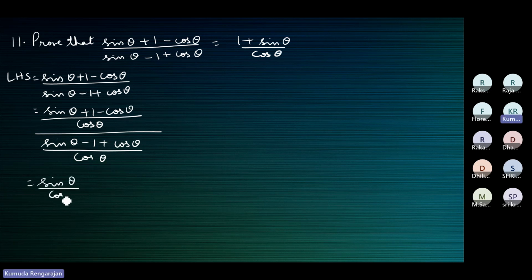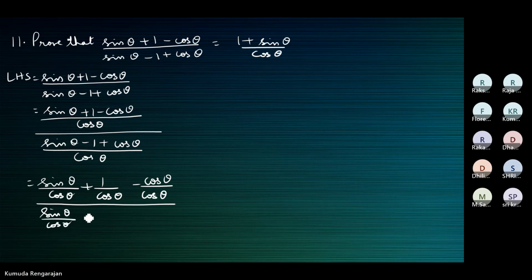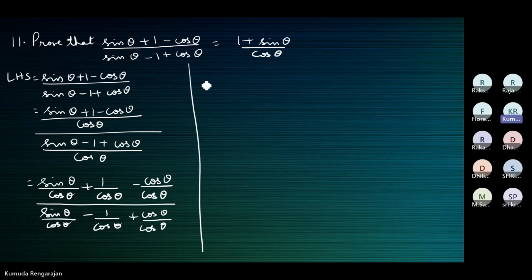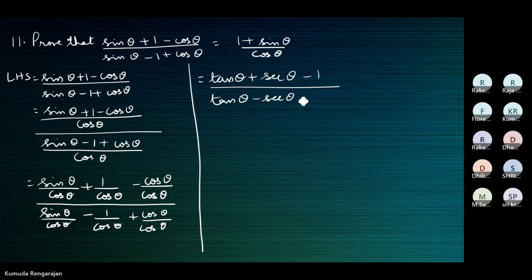Sine theta by cos theta plus 1 by cos theta minus cos theta by cos theta, divided by sine theta by cos theta minus 1 by cos theta plus cos theta by cos theta. So that gives us tan theta plus secant theta minus 1 divided by tan theta minus secant theta plus 1.